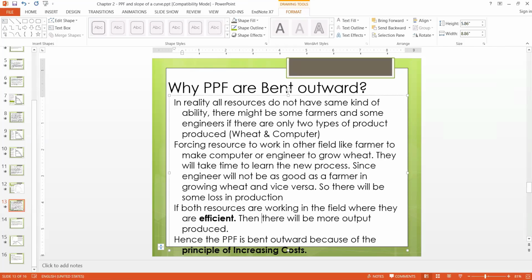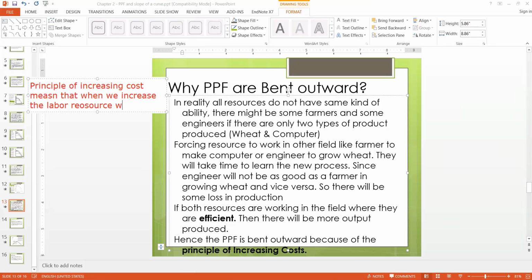So the principle of increasing cost means, let me write in simple words and then I will conclude it here. The principle of increasing cost means that when we increase the labor resource to the wheat, we might end up with some labor who are not good at producing wheat.